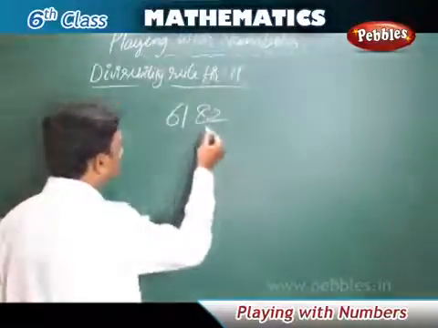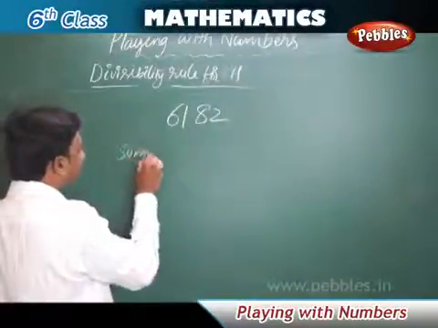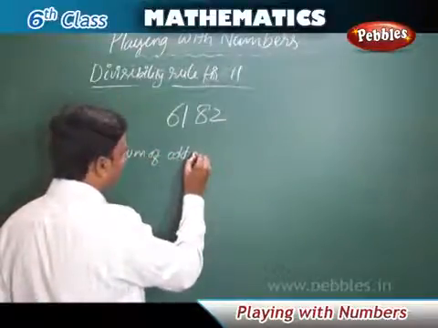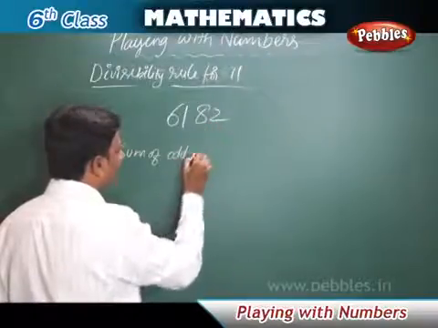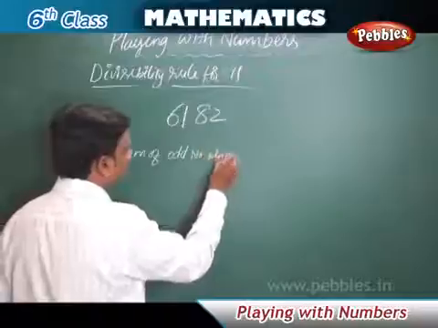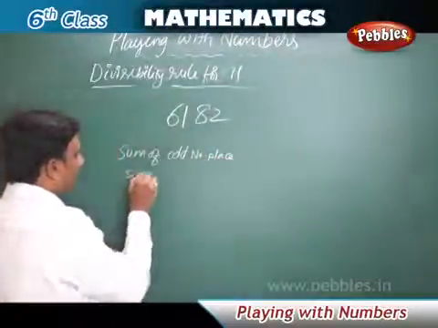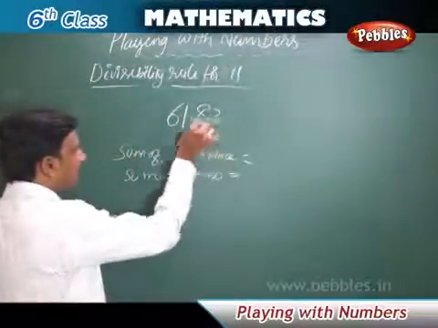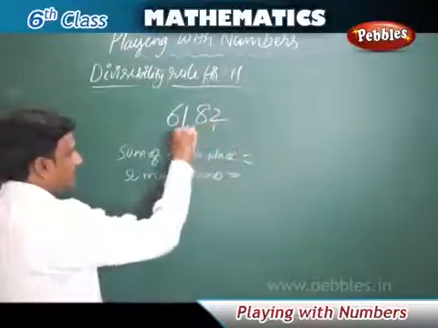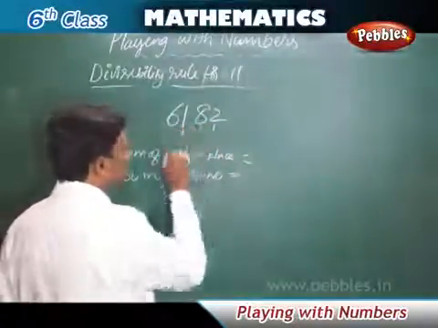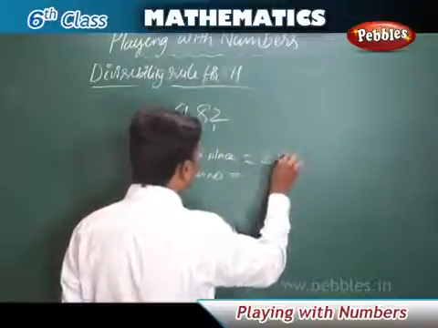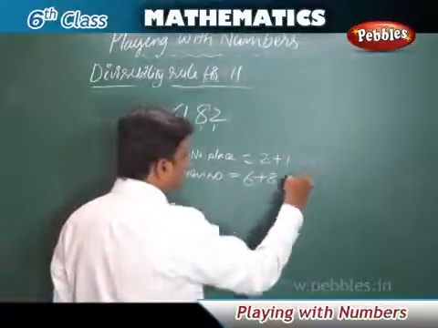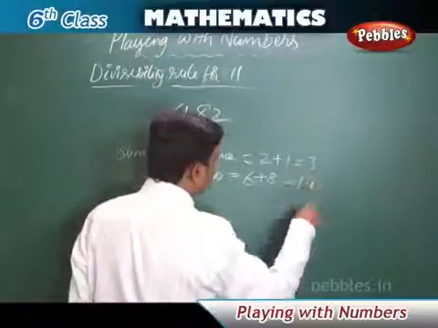The rule is the sum of numbers in odd places and the sum of numbers in even places. The sum of the odd-place numbers here is 2 plus 1, and the sum of the even-place numbers is 6 plus 8. So this is 3 and this is 14.